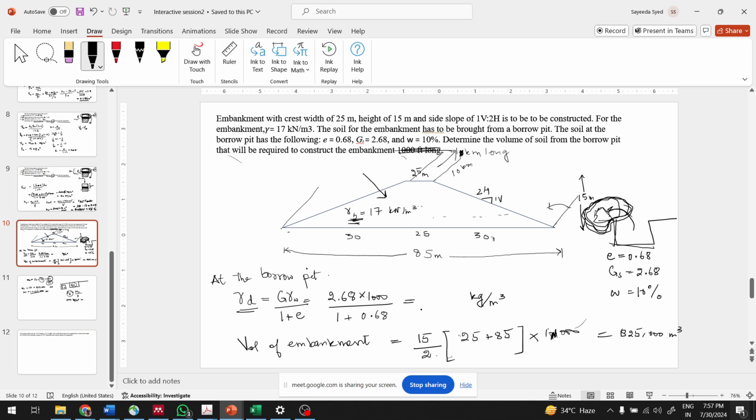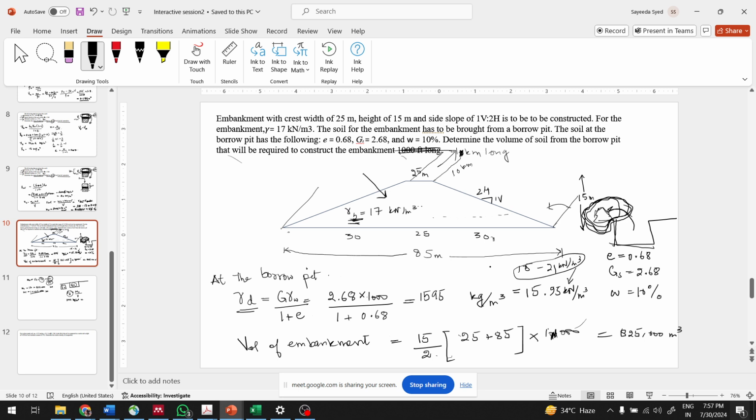2.68 over 1.68 into 1000. This is 1595 kg per meter cube, which is equal to 15.95 kilonewton per meter cube. Usually we deal with kilonewtons, and you will get a value from 15 to 21 kilonewton per meter cube for soils, not more than that.